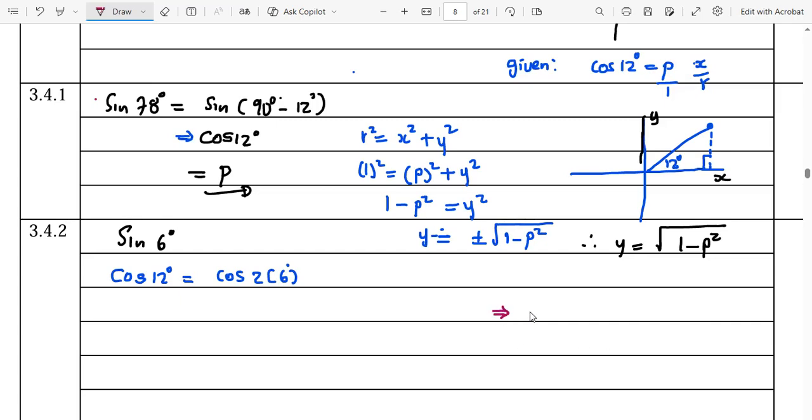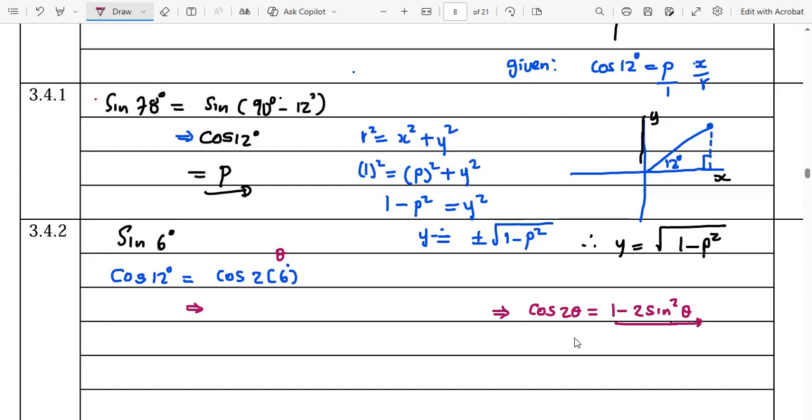For double angle, this is the cos of 2 theta. We can write that as 1 minus 2 sine squared theta. That's the only identity that I'm interested in. Where there's theta in this formula, you need to put 6 degrees.